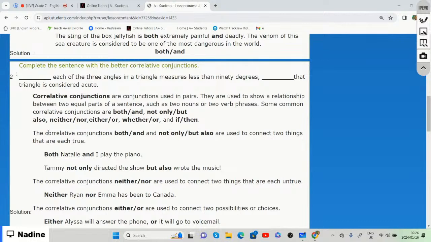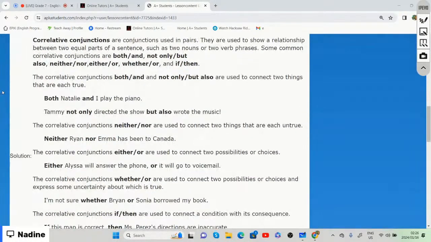The correlative conjunctions both or and, as well as not only but also, are used to connect two things that are each true.